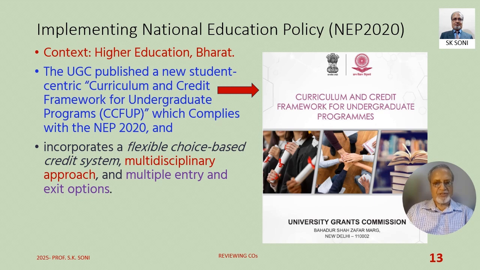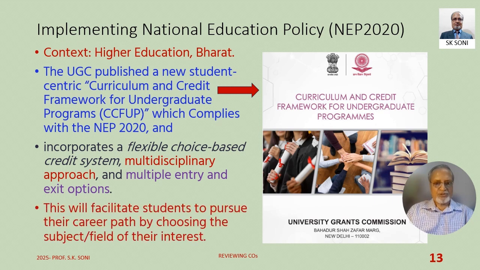It incorporates a flexible choice-based credit system, multidisciplinary approach, and multiple entry and exit options. This will facilitate students to pursue their career path by choosing subject field of their interest, and it also gives elaborate ideas about program outcomes as well as generic outcomes. We will see few examples of generic outcomes in next few slides.